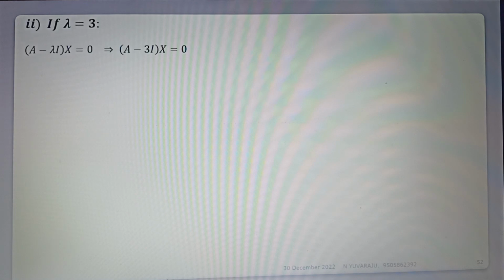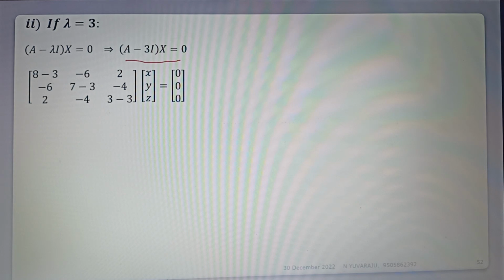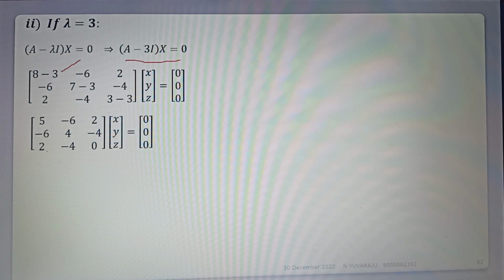So lambda is equal to 3. That is (A minus 3I) x is equal to 0. Same procedure: in matrix A, only the diagonal elements have 3 subtracted. Next, for simplification, this element 0, this element 0, by using 5R2 plus 6R1, next 5R3 minus 2R1.